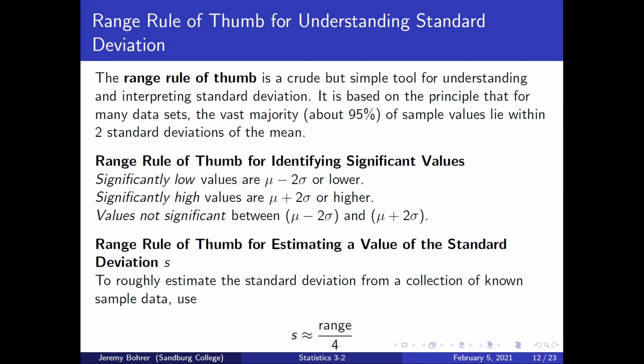The range rule of thumb for identifying significant values: significantly low values are mu minus 2 sigma or lower, significantly high values are mu plus 2 sigma or higher, and values not significant are between mu minus 2 sigma and mu plus 2 sigma. The range rule of thumb for estimating a value of the standard deviation S: to roughly estimate the standard deviation from a collection of known sample data, use S is approximately the range divided by 4.